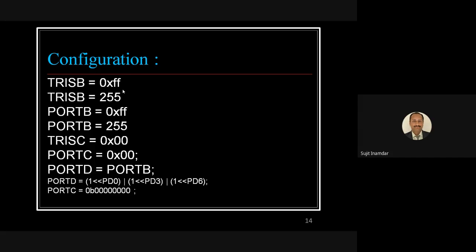नाव let us go for the next one, that is TRISC is equal to 0x00. आता कोण सांगेल याचा अर्थ?